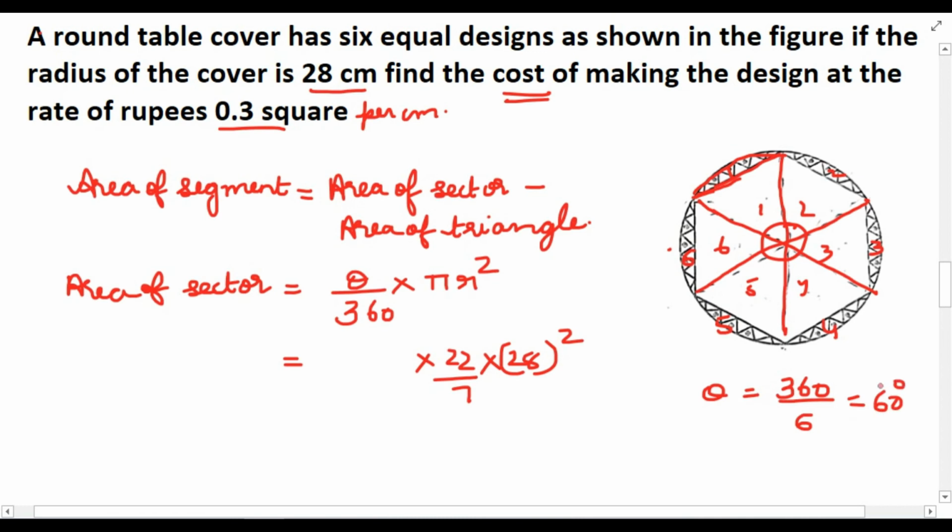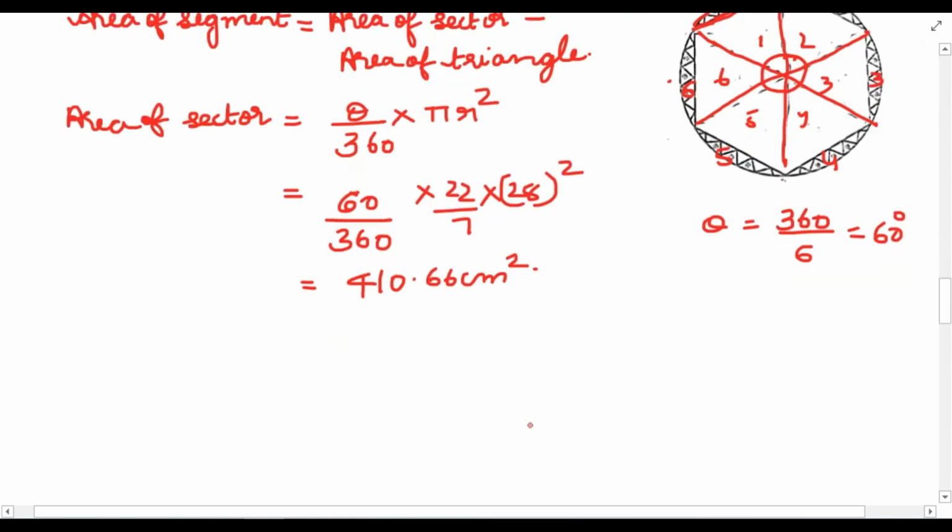So theta is 60 degree. 60 divided by 360 into 22 by 7 into 28 into 28. When you simplify this, you will have the answer 410.66 centimeter square.